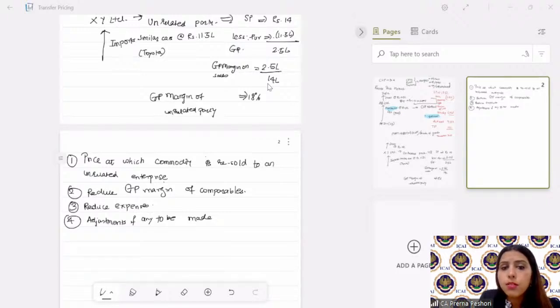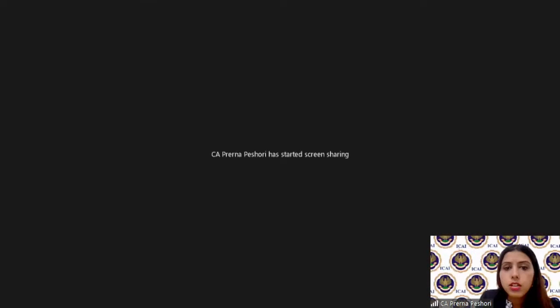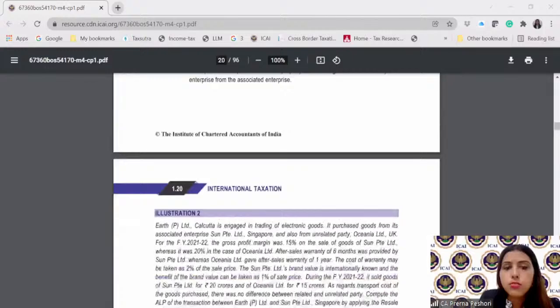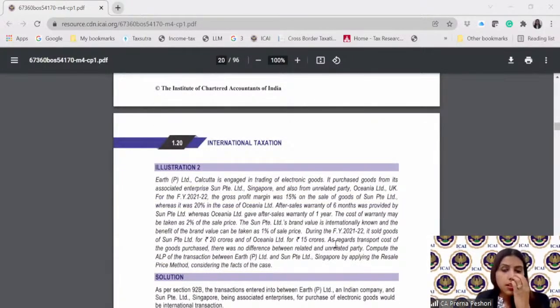Let's solve a sum. You will come towards the answer from your module itself. Okay, let's solve a question from your module. Illustration 2. Earth Private Limited, Kolkata is engaged in trading of electronic goods.